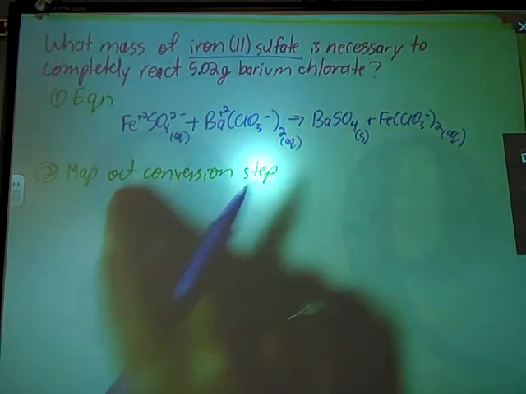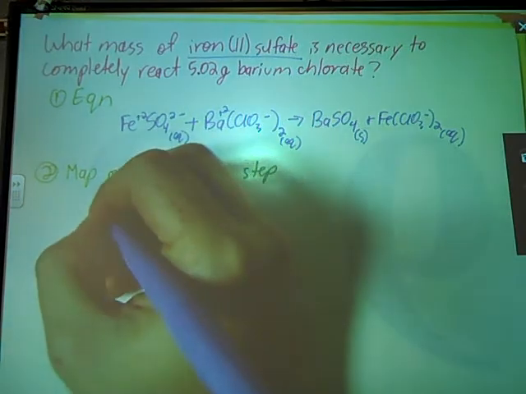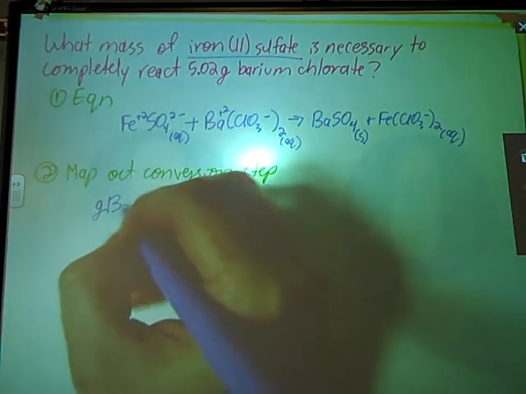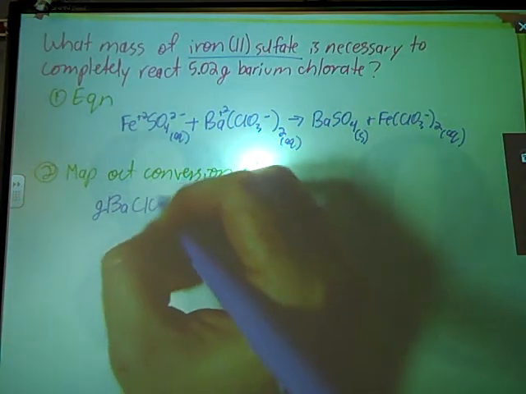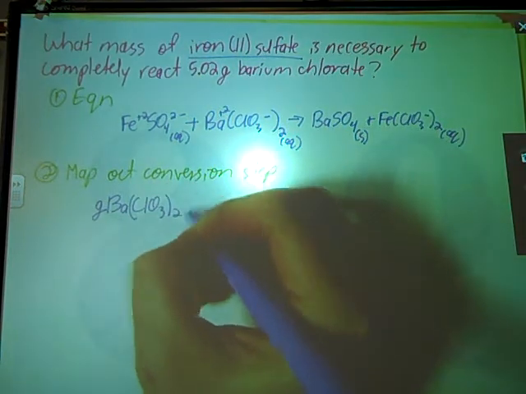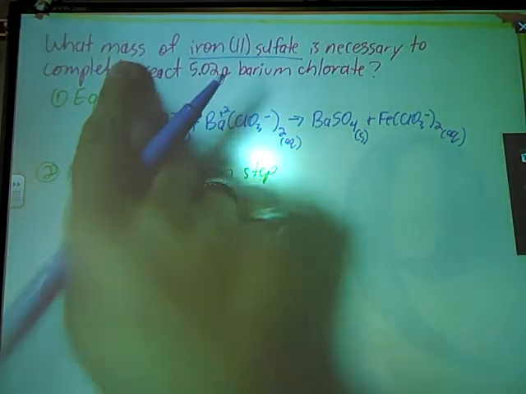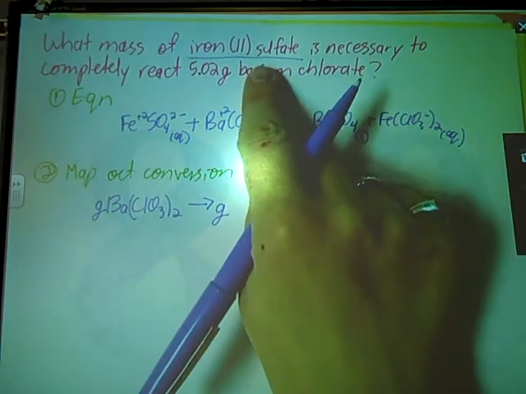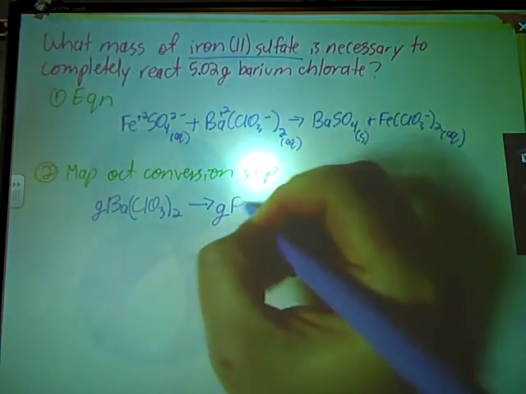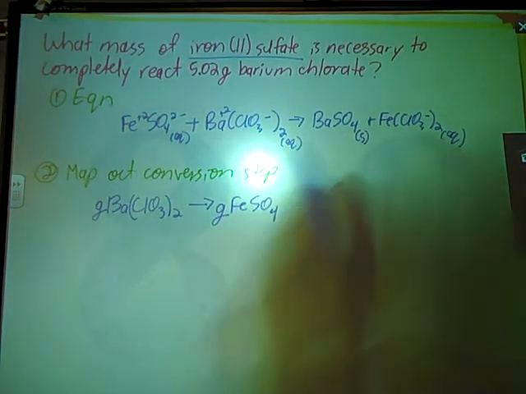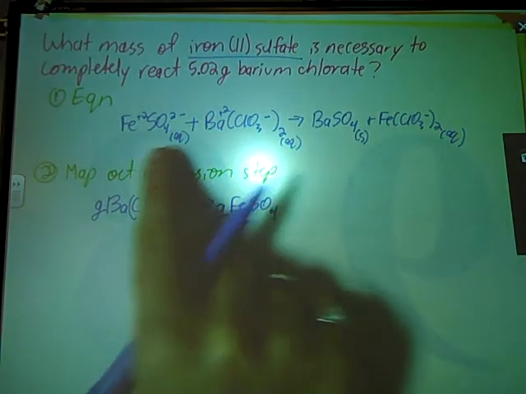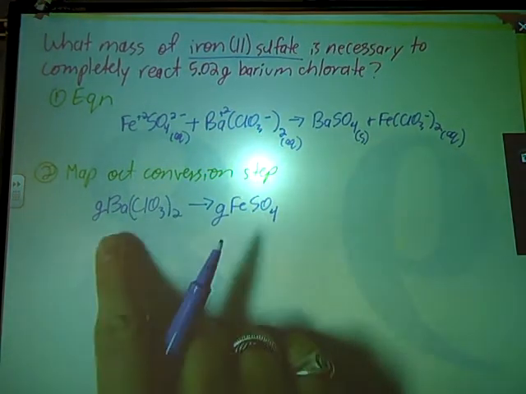So in this problem, we're starting off with grams of one of our reactants, barium chlorate, and they're asking us to go to the mass, so grams, of another reactant, iron sulfate. My equation is not in grams, but in moles.